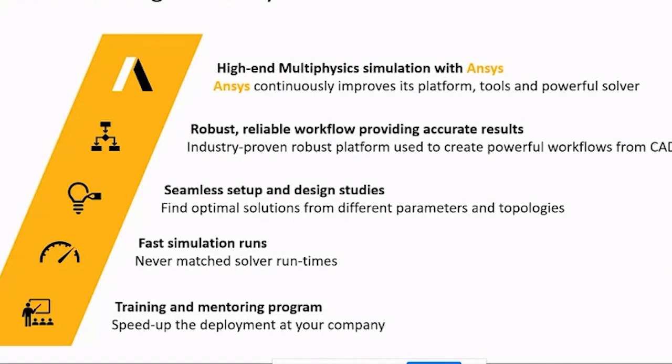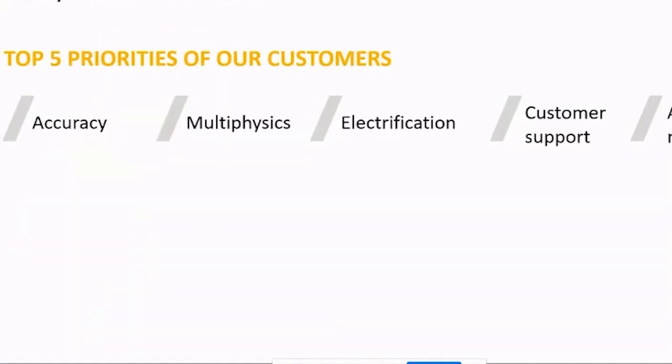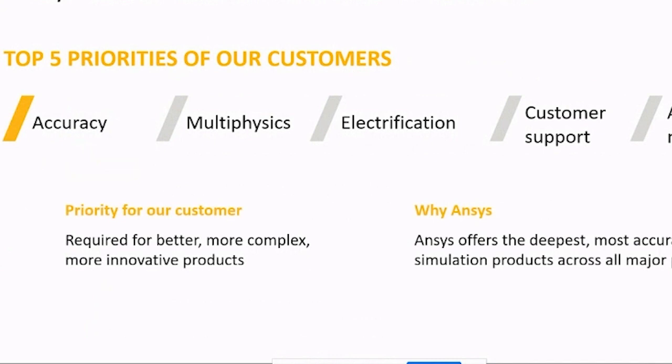At the same time, you can also reduce your solving time. So these are the 5 priorities of ANSYS customers, and ANSYS has developed tools to match their customers' requirements, like accuracy, multi-physics, recently electrification.